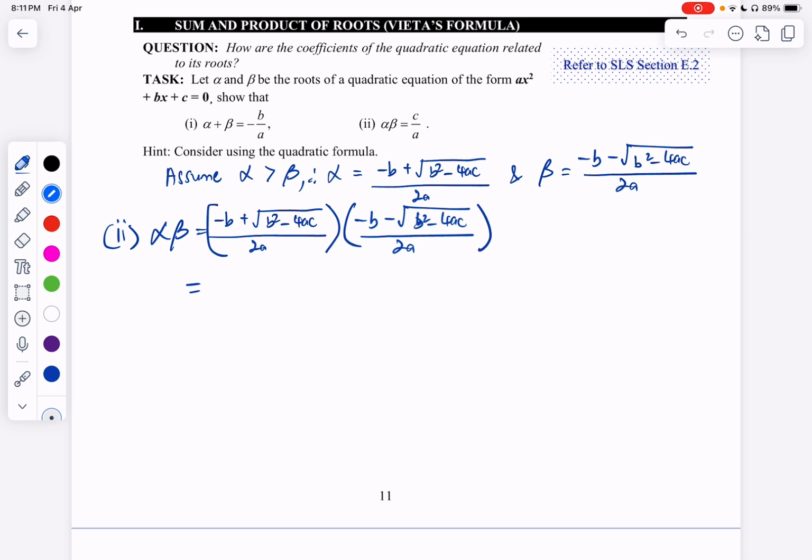What is the identity? It is this one: x plus y times x minus y is equal to x squared minus y squared. We have learned this identity in the earlier sections of this SLS section. This identity is called the difference of squares.